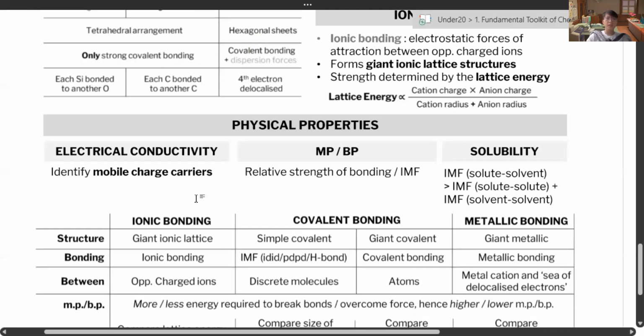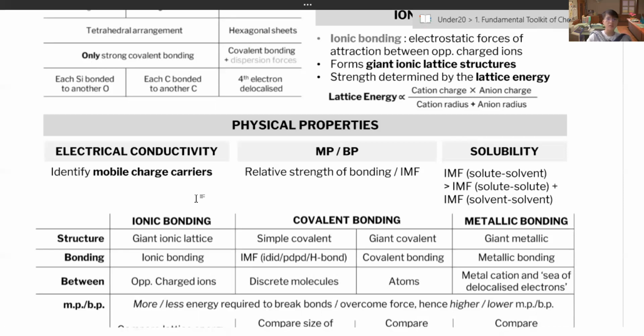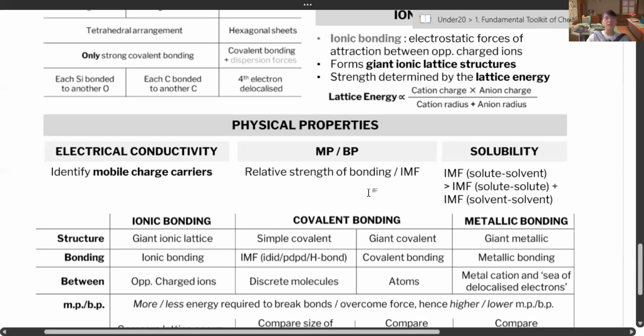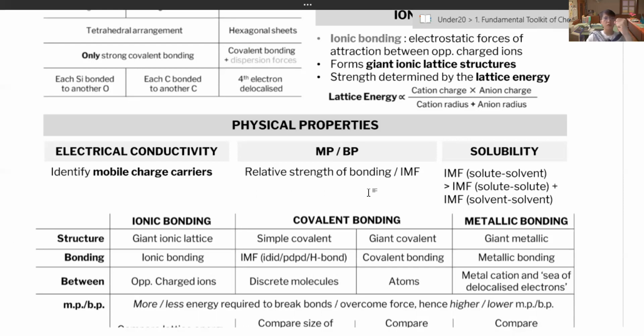Melting point and boiling point will be the relative strength of the bonding, or in the case of simple covalent structures, we look at the intermolecular forces of attraction. For solubility, we look at the overall interaction between the solute and the solvent itself, so that's one group. Another group is the solute, and the other group is the solvent. As long as the interaction between the solute and the solvent is stronger than the individual groups itself, then the thing is soluble.